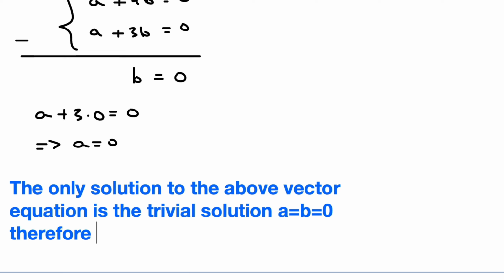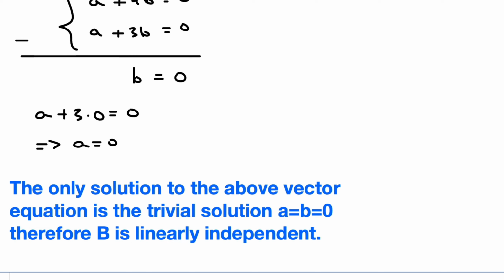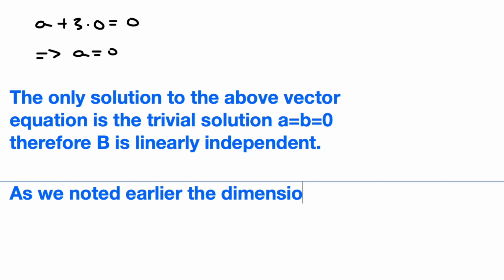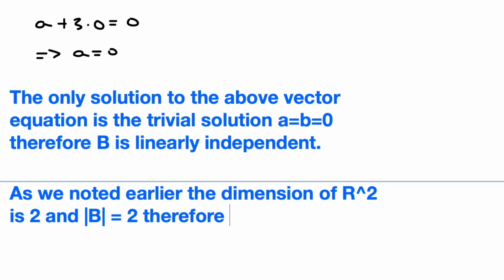Therefore, B is linearly independent. And as we noted earlier, the dimension of R2 is 2, and the number of vectors in B is 2. Therefore, B is a basis. Right? This follows from the linear independence.